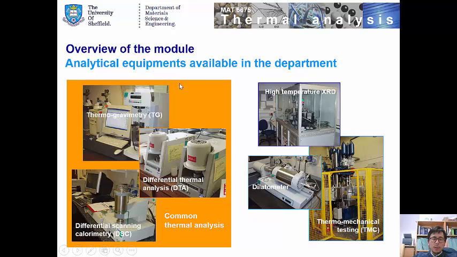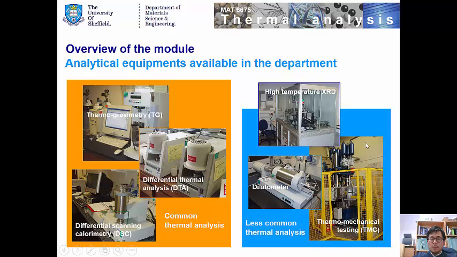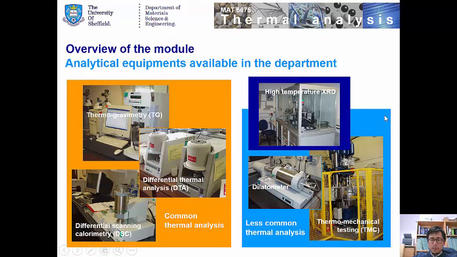So these shown in orange are quite common thermal analysis techniques. And these in blue are less common, but still related to temperature change. So it is possible to call them thermal analysis. Also, X-ray diffraction is the study of crystal structure, but it is possible to use high temperature, so different temperatures. So material behavior can be studied.